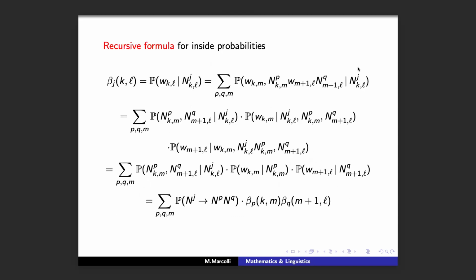And so this gives you a recursive formula for the probabilities of what happened inside the subtrees, in terms of all the possible binary production rules with non-terminals and the corresponding probabilities associated to these smaller blocks. So it is a recursive construction for these probabilities.